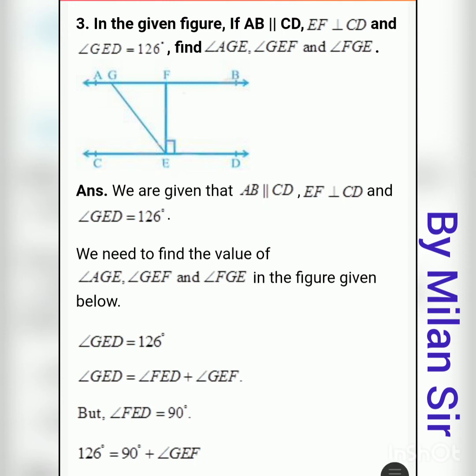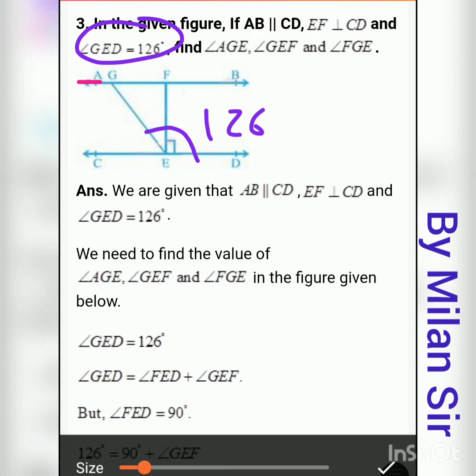Now first of all, this angle GED is 126. If we look at this figure carefully, then here one Z is there, right? Here we have one Z shape, and these two lines are parallel. It is already given in the question, AB parallel to CD, and we can use the concept of alternate interior angles only if our two lines are parallel.